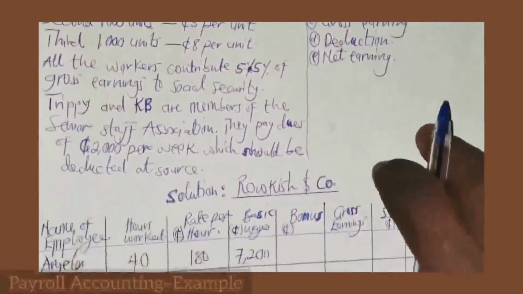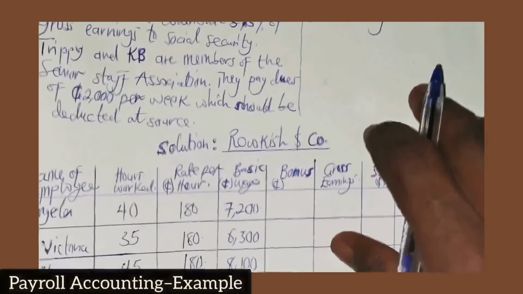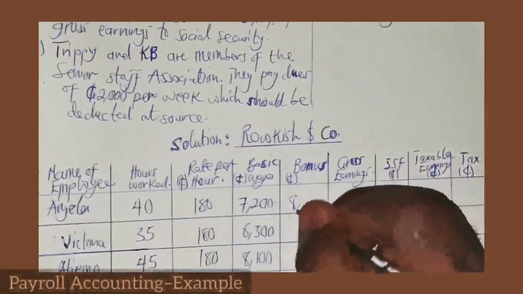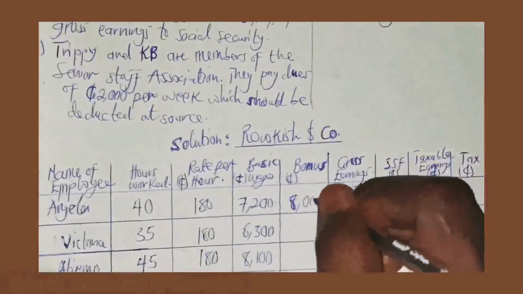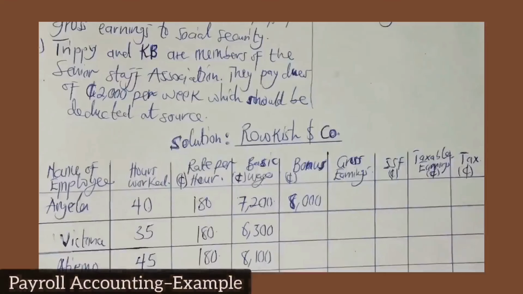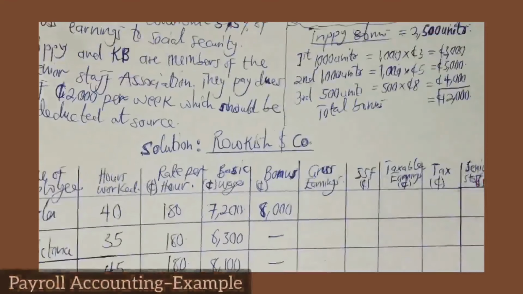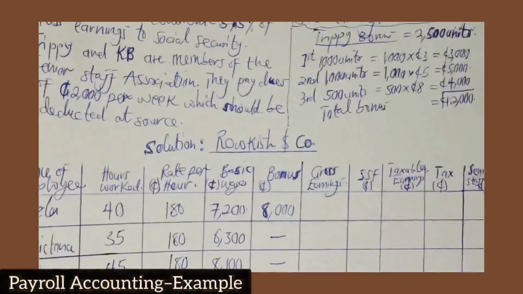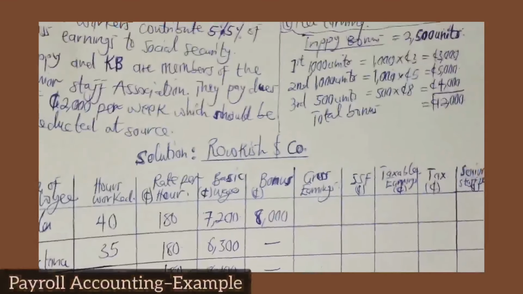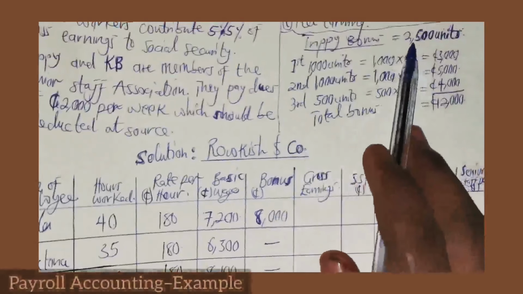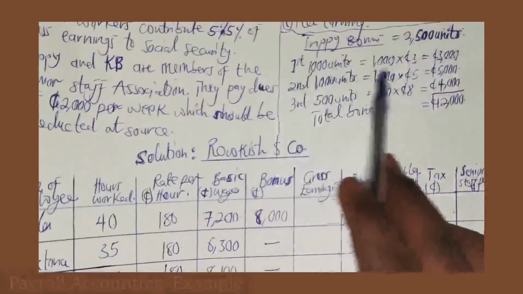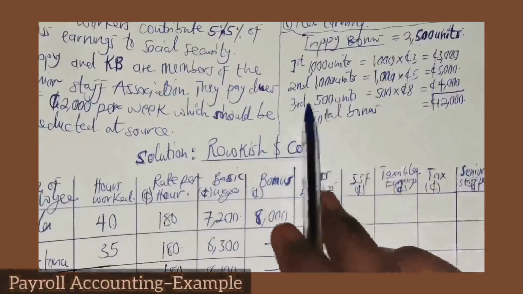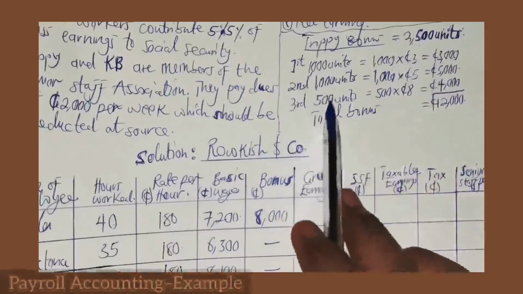So I'm recording Angela's own, which is 8,000 for bonus. This is what I had for Trippy. Trippy's own here, the difference was 2,500. So I paid the first 1,000, which was 3,000, and the second 1,000, which was 5,000. But here he was left with 500 units.